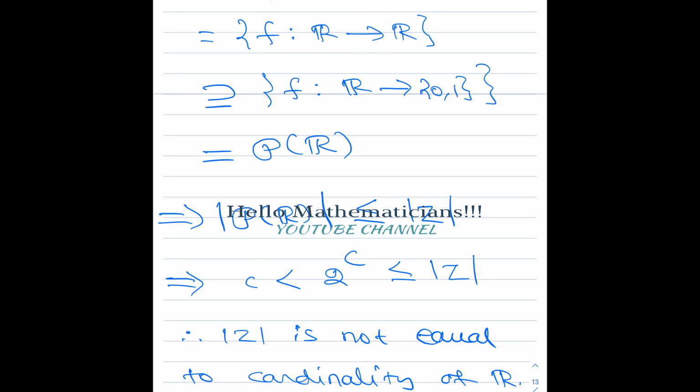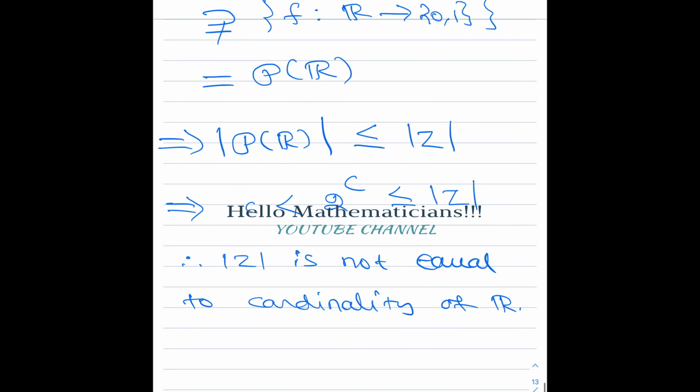Look at functions from R to {0, 1}. 0 and 1 are real numbers, so any function from R to {0, 1} will be a proper subset of the set of all functions from R to R. Now what is the set of all functions from R to {0, 1}? This set is what we have denoted by 2 power R, and 2 power R and the power set of R are the same. That is what we saw in the beginning of the lecture.